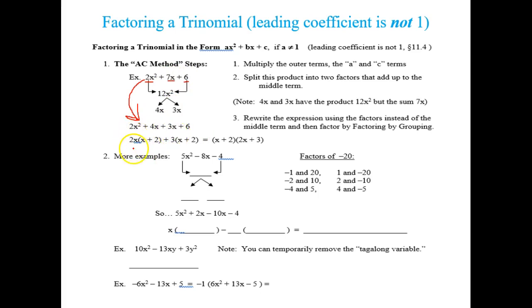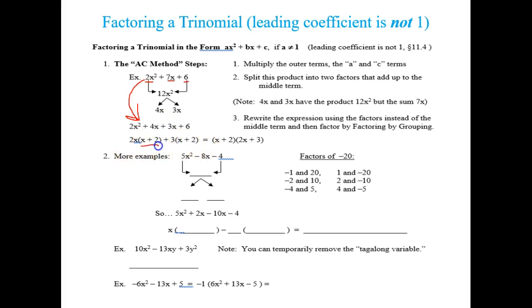And then I use factor by grouping. So I'm going to group together the first two terms here and take out a common factor. So 2x goes into both of them, leaving x plus 2. In the last two terms, 3 goes into both of them, leaving x plus 2.